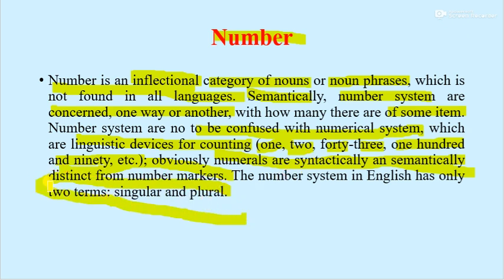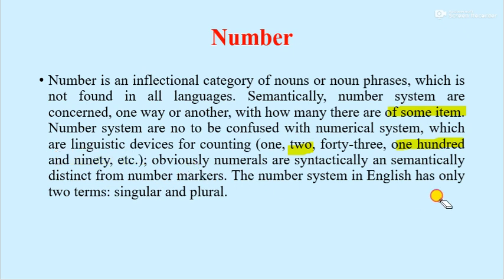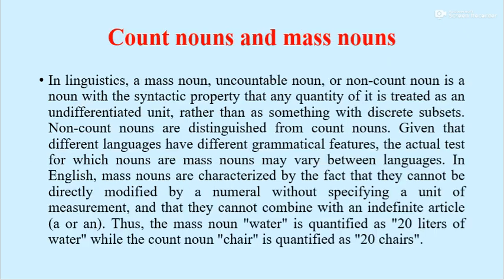If we talk about number markers, the two terms are singular and plural. So these are called numbers. We can say that numbers are singular or plural, while cardinal numbers are many.